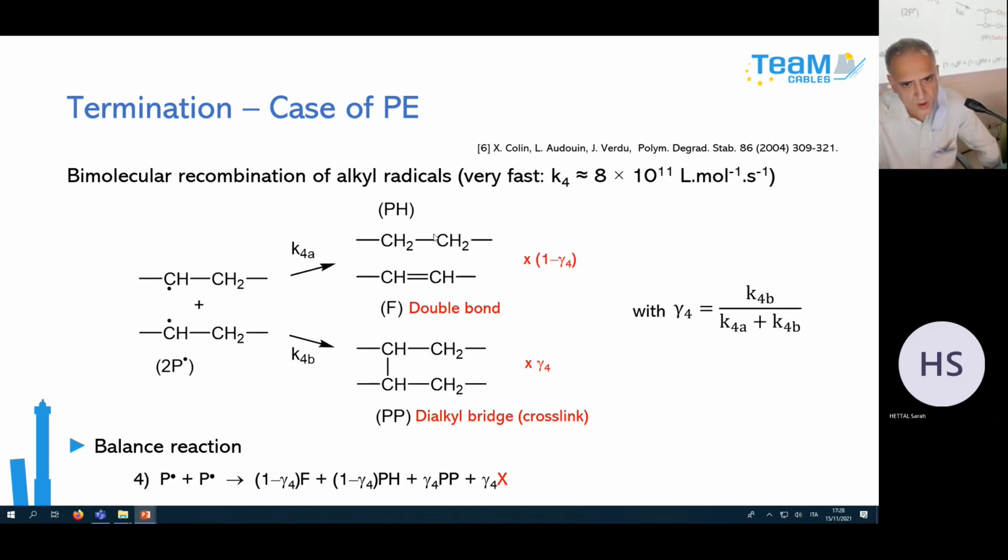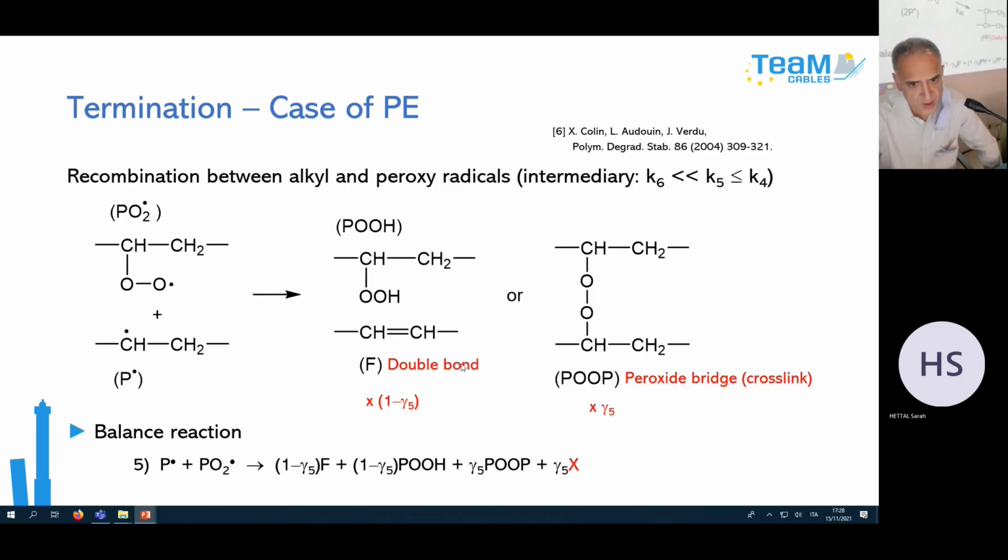Instead of forming polymer substrate and the alkyl bridge, you form hydroperoxide and peroxide bridge. So you can also write a balanced reaction taking into account these two reactions, and gamma 5 corresponds in this case to the yield of crosslinking corresponding to the peroxide bridge.